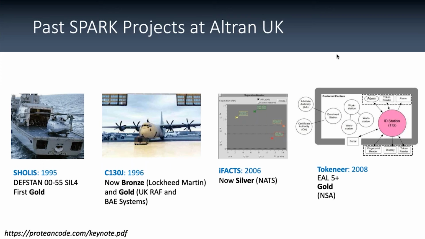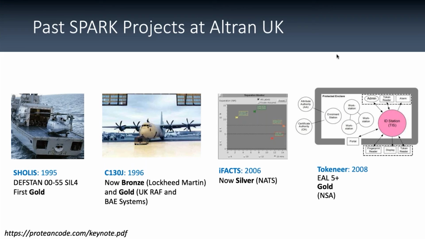So, for example, on the C-130J, this big military aircraft, initially data flows were proved when Lockheed Martin was taking care of this project. And later on, this project was continued by others, and some key properties were proved on the software, functional properties. IFACT is the air traffic control over UK, and it has been proved for absence of runtime errors, so what we call the silver level.